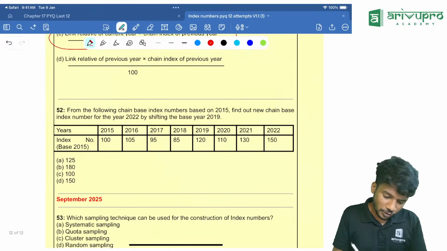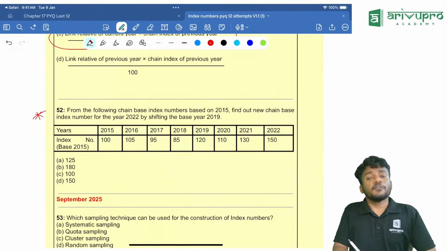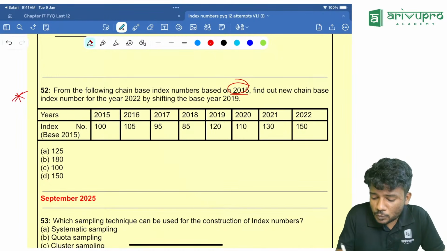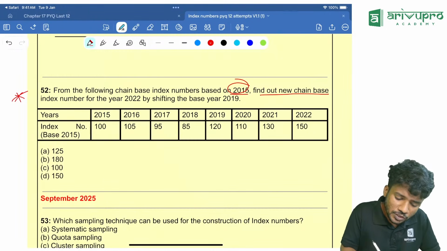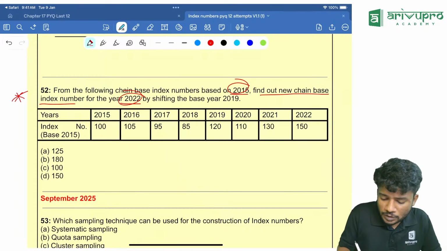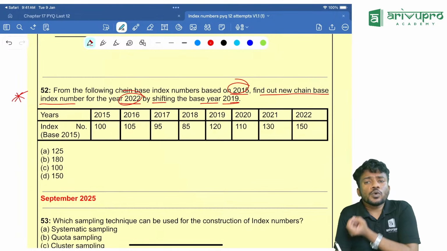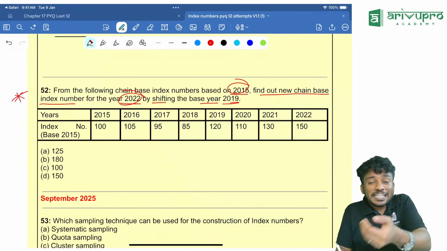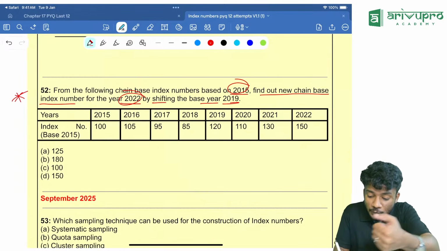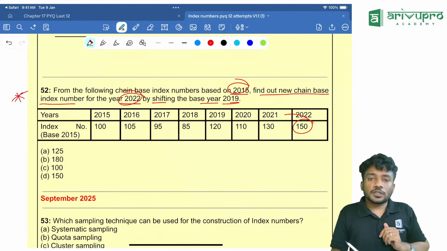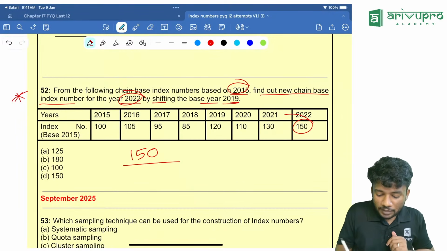Another good question based on shifted base. From the following chain base index numbers based on 2015, find out the new chain index number for the year 2022 by shifting the base year to 2019. We need to shift it to which year? 2019. Okay, people, we have 2022, how much is the index? 150.